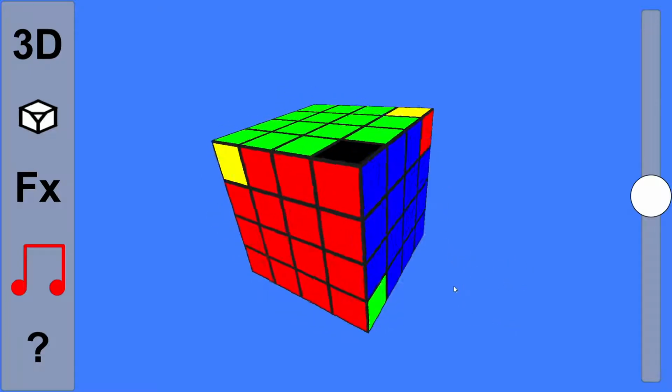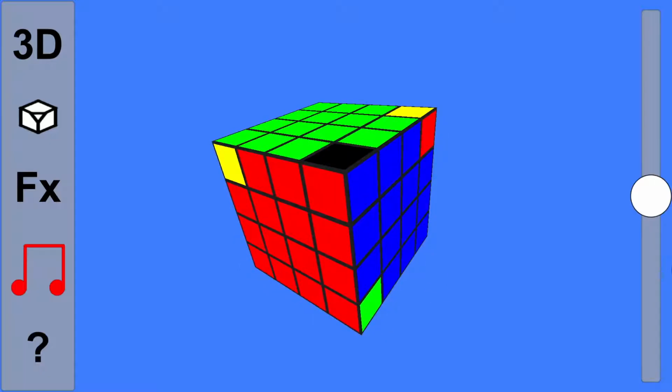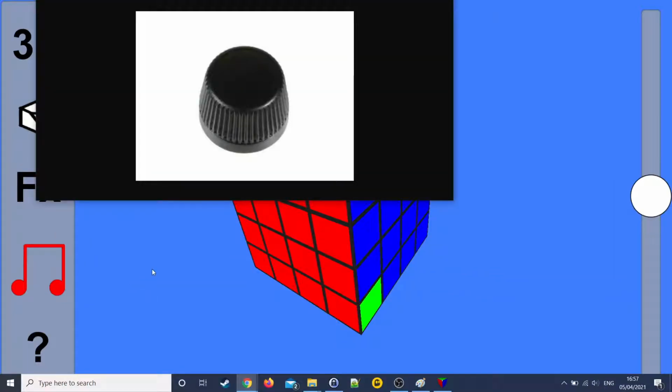The best way to look at it is thinking about a rotator knob, or I'm not sure how it's called in English. I'm trying to give you a picture of it. So something like this. This is a picture of a rotator knob, and when you want to rotate it, you put your fingers on the sides to make it rotate.